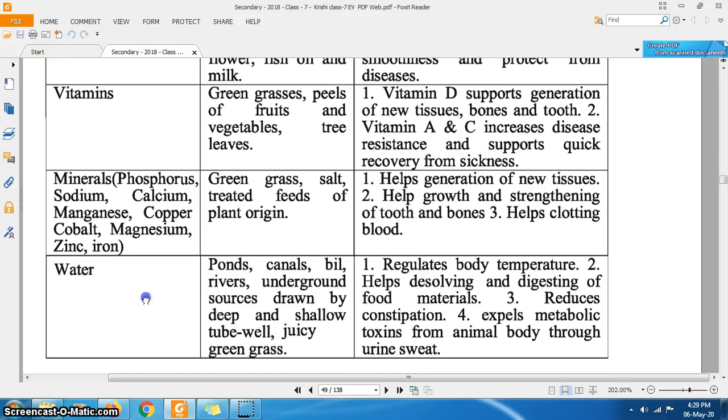Function of water: it regulates body temperature. It helps dissolving and digesting of food materials, reduces constipation, expels metabolic toxins from the animal body through urine and sweat.